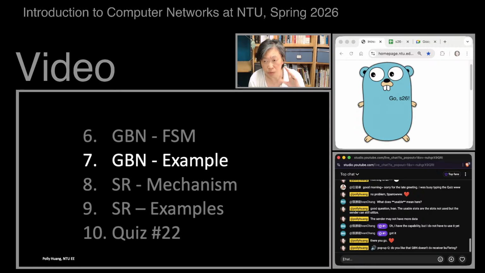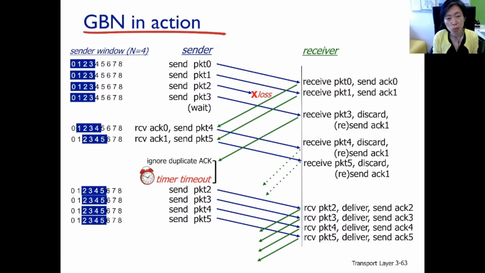In the first part, you will see how the packets are sent back to back from the sender to the receiver, and how the receiver reacts to these packets arriving or not arriving. This first video is about 6 minutes. Next is a walkthrough of an example of Go-Back-N, following the finite state machines. So let's recap Go-Back-N's sender and receiver finite state machines, just so that you can follow.